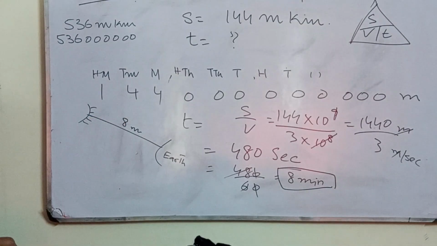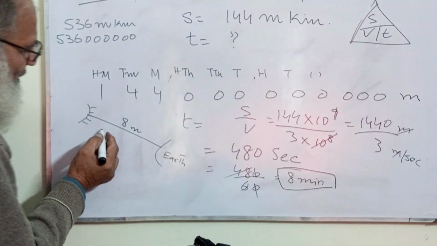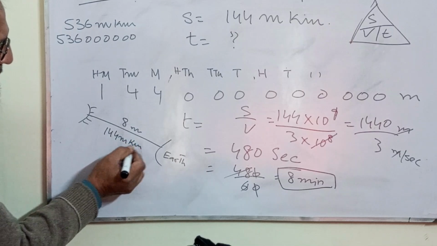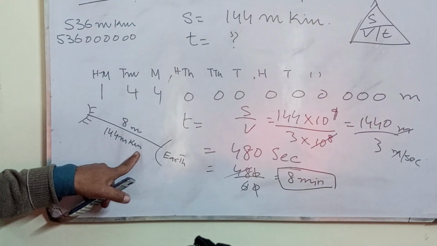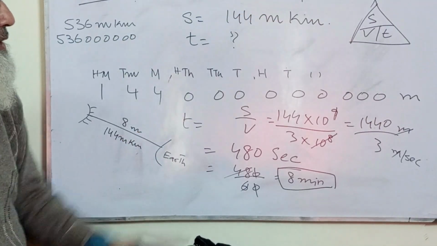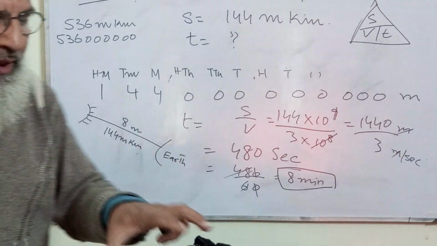In 8 minutes, the distance is 144 million kilometers, where the speed of light is 3 into 10 raised to power 8 meters per second. Okay, I hope you have understood this.